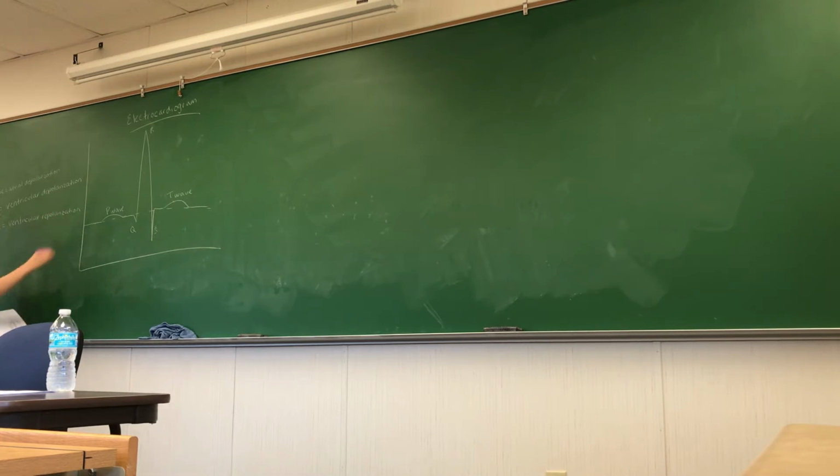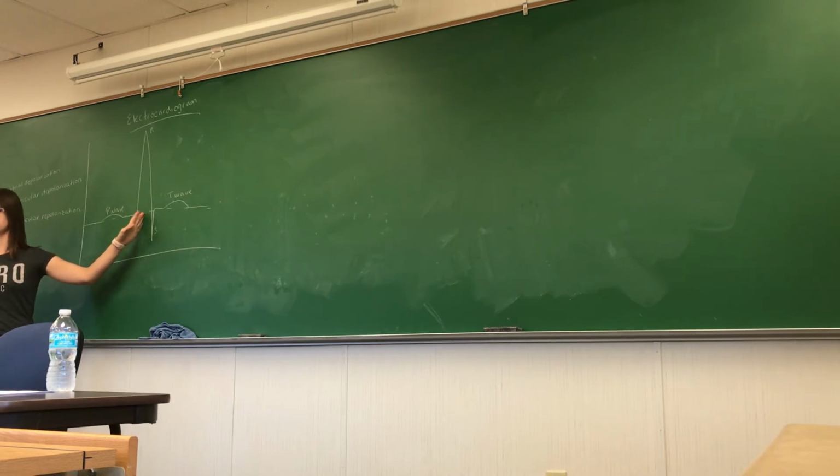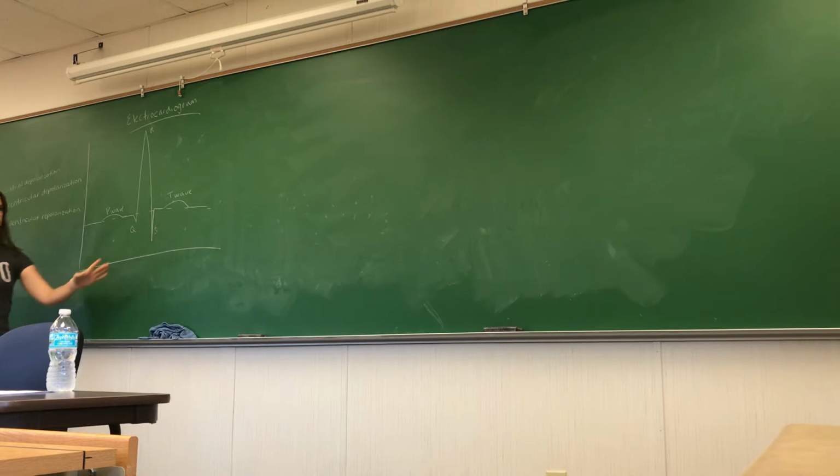So if you notice, we know where the ventricles depolarize. We know where they repolarize, but on the electrocardiogram we can only see where the atrium depolarized. They obviously do repolarize, they recharge, but it's hidden in the QRS complex, because the contraction of the ventricle is so strong that on the electrocardiogram you can't see the atrial repolarization.